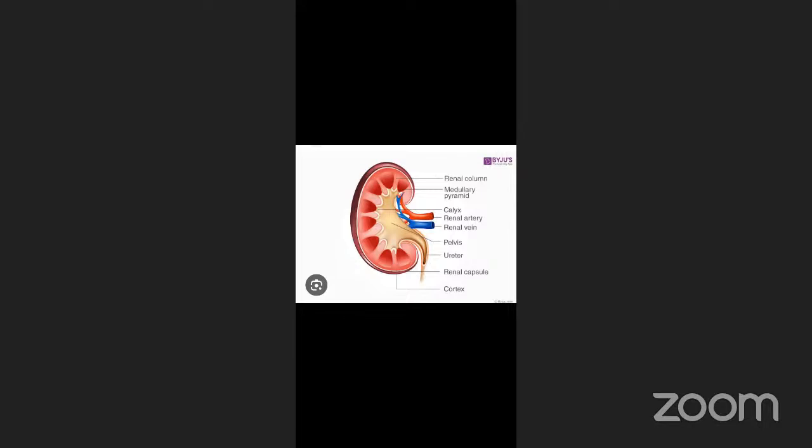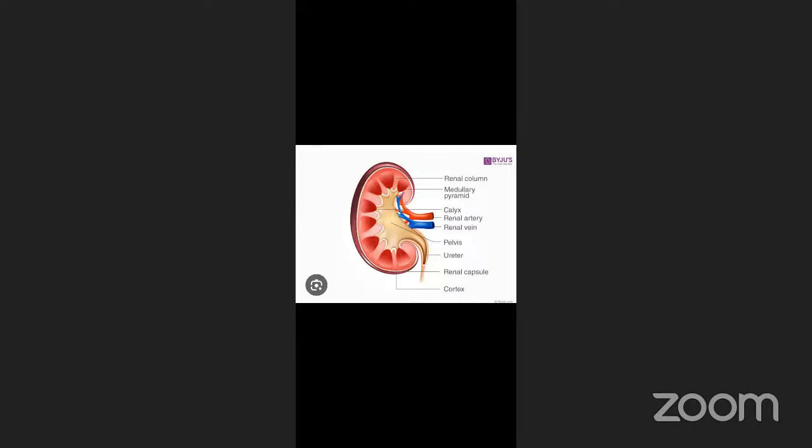So urea is usually produced in the liver. Can somebody describe how urea is formed in the liver? Urea is formed in the liver.